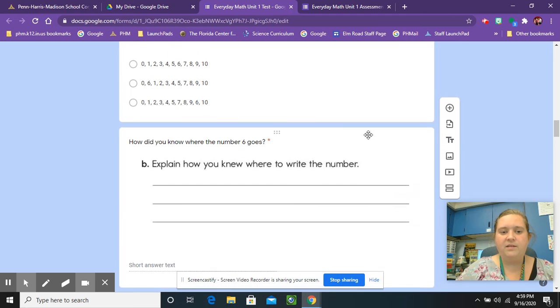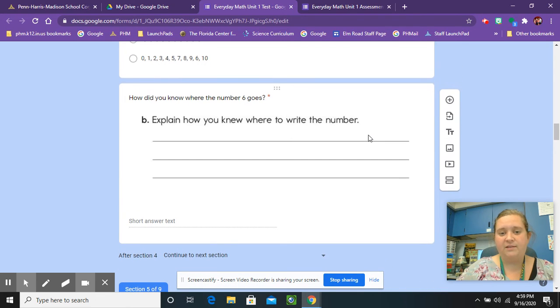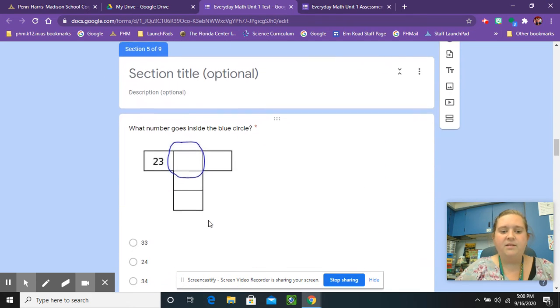This one is going to be a short answer question. So when you get to this one, it says, explain how you knew where to write the number. Right here where it says short answer text, I want you to type in there how you knew the answer to that question. It can just be a sentence, maybe 2 sentences at the most. All right.